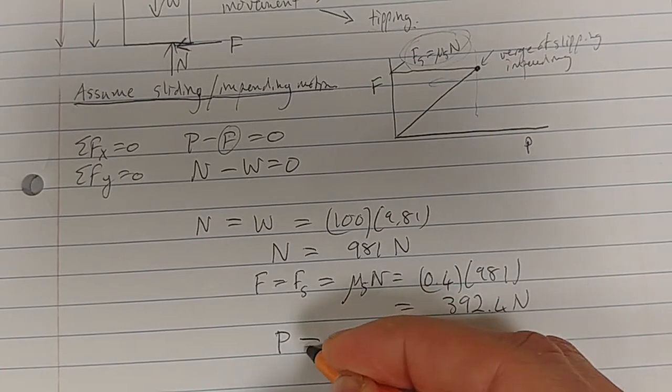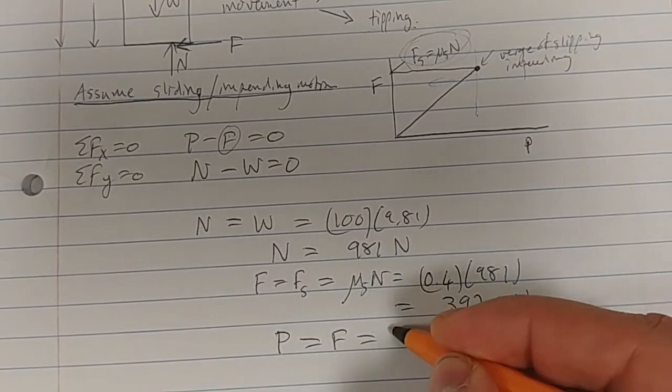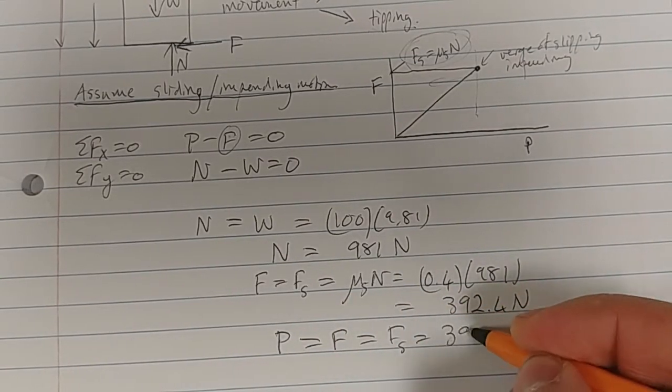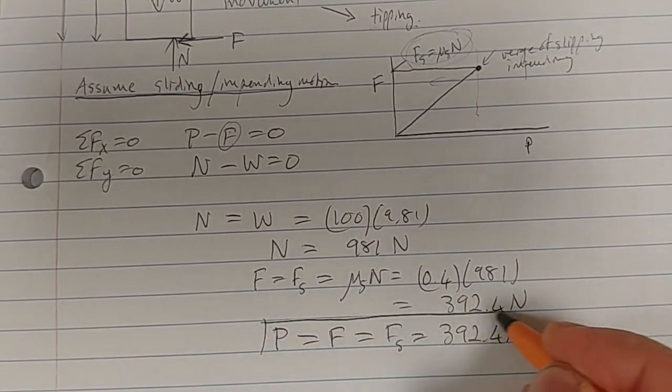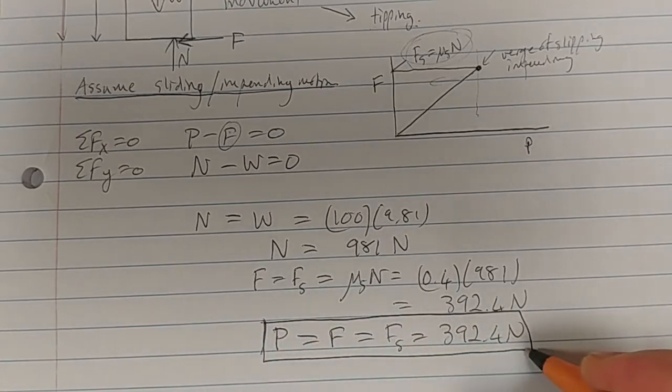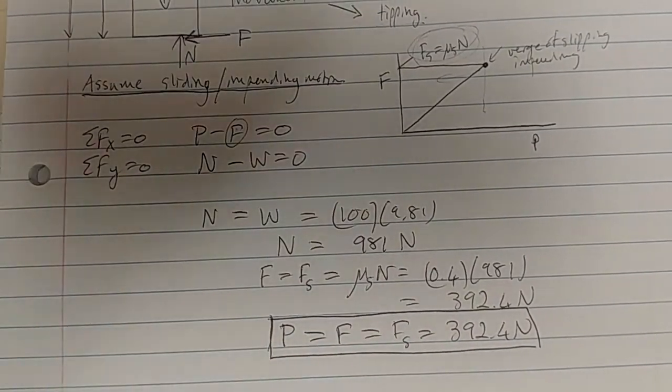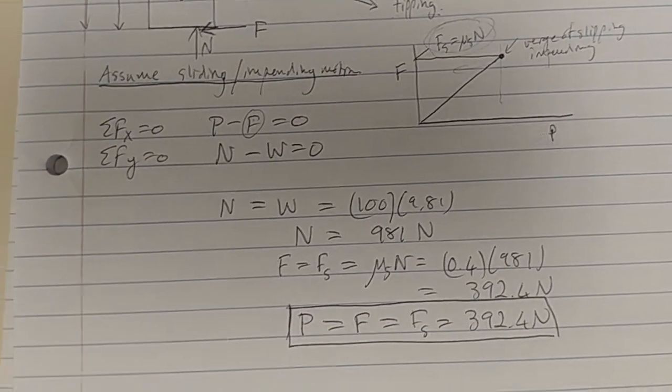And P is F is Fs, 392.4. So in order for us to have slipping, that's the maximum force that we can apply before it starts to slip.